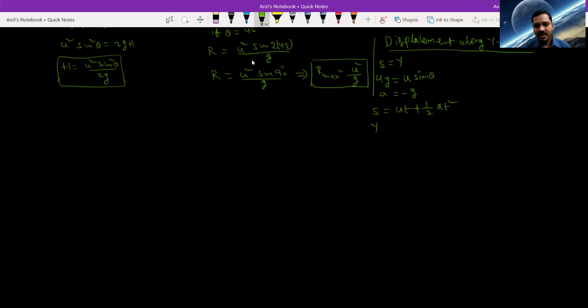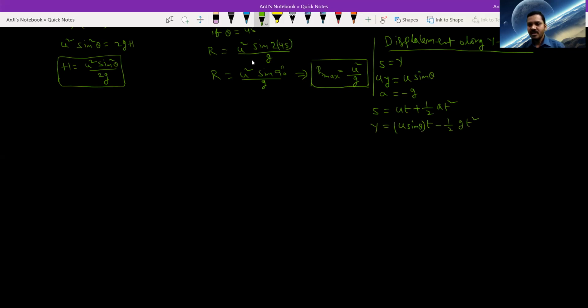S is equal to y, and velocity u is u sin theta. So u sin theta into time taken t minus half into g into t square.